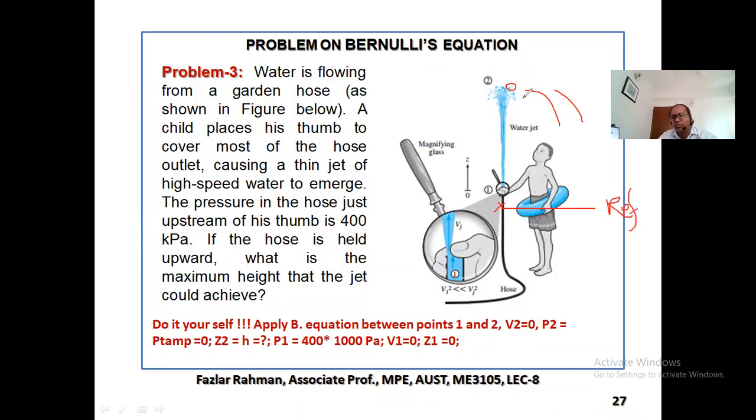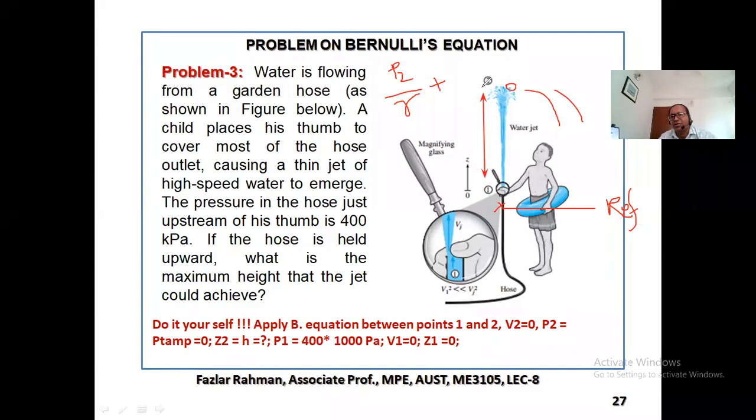So at point 2, how much is the pressure at point 2? Obviously, the pressure is atmospheric pressure, right? So we can say P2 by gamma. What is the velocity at point 2? V square by 2g.